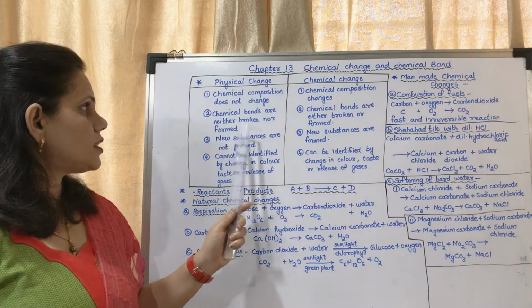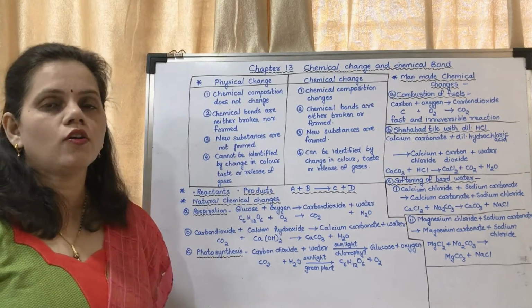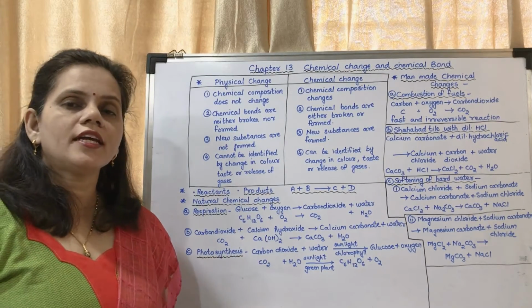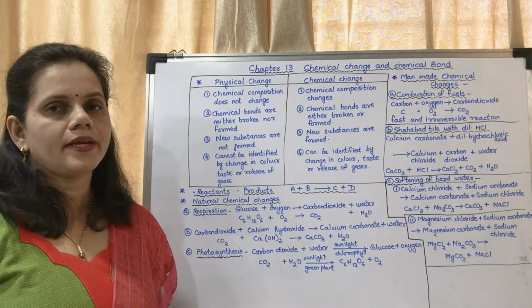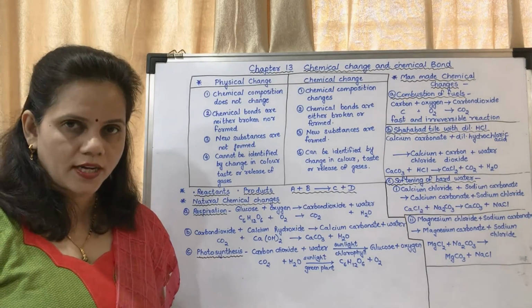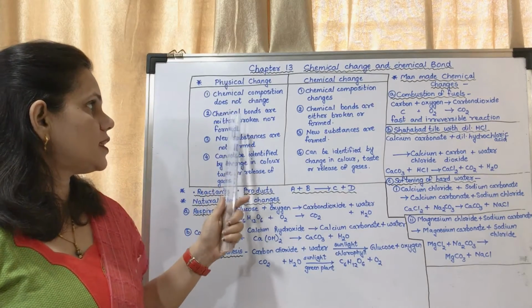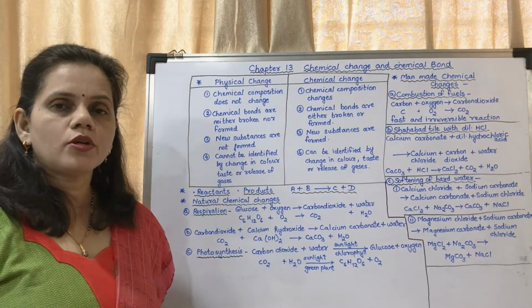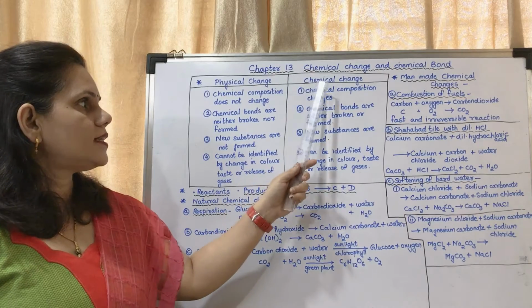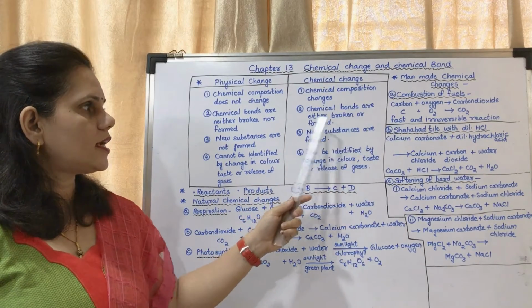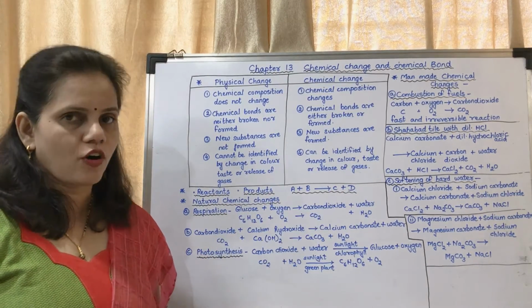Next, chemical bonds are neither broken nor formed. During a chemical reaction, the bonds between the elements are broken. In physical changes bonds are neither broken nor formed, whereas in chemical change chemical bonds are either broken or formed.